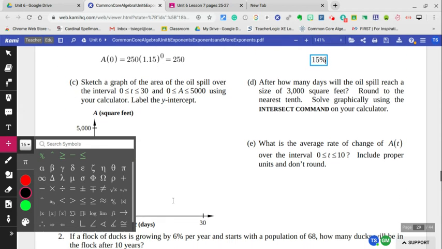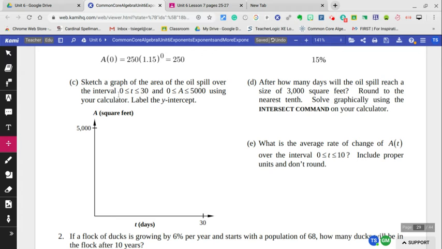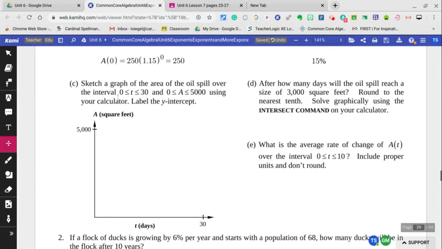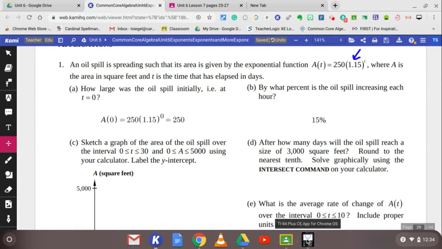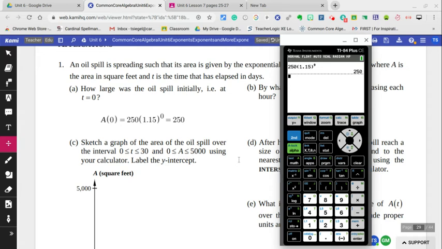All right. So the next one, he wants us to sketch a graph of this equation, right? From 0 to t. So you get out your calculators, those who have the graphing calculator, and we'll go to y equals, and we're going to put this in.